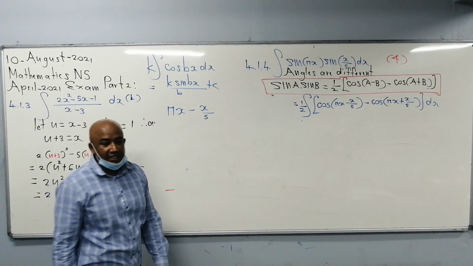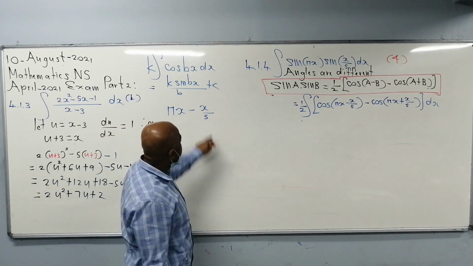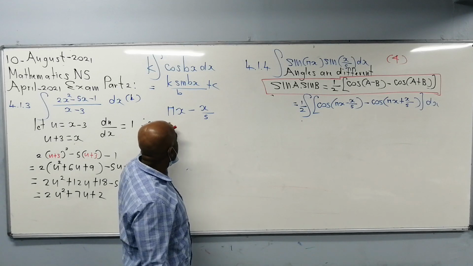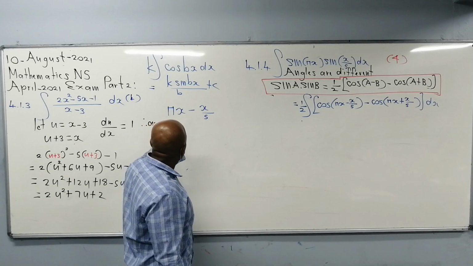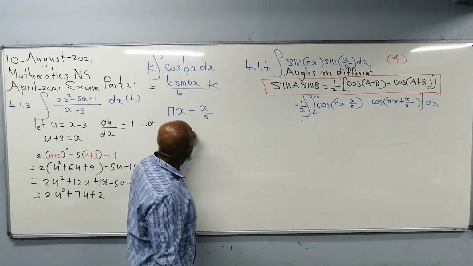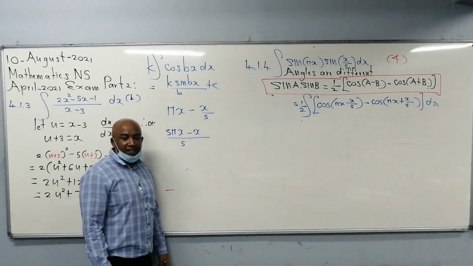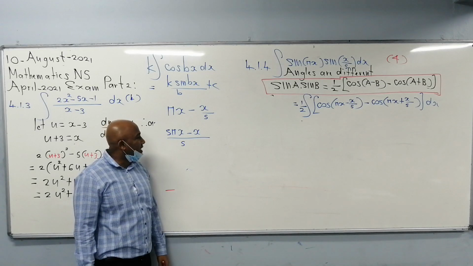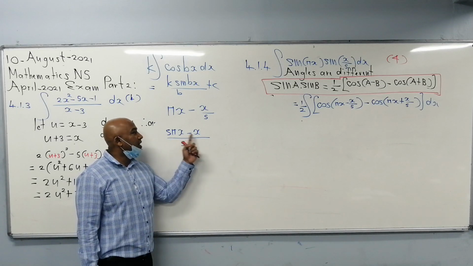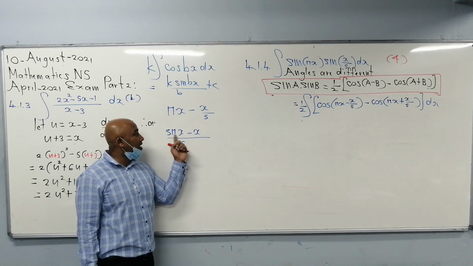If you want to find an LCD, you can. If you want to find an LCD here, it's going to be 5, so that will be 5 pi x minus x all divided by 5. But it doesn't really help you in any way. Right, because these two are unlike terms here. You can subtract if you want.